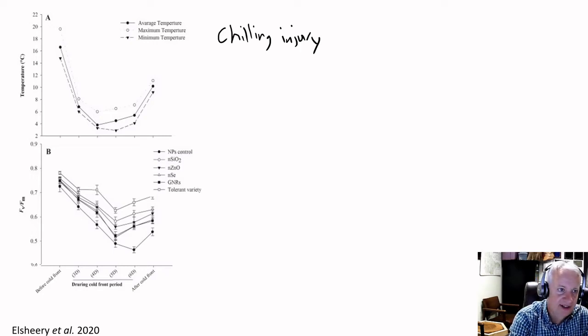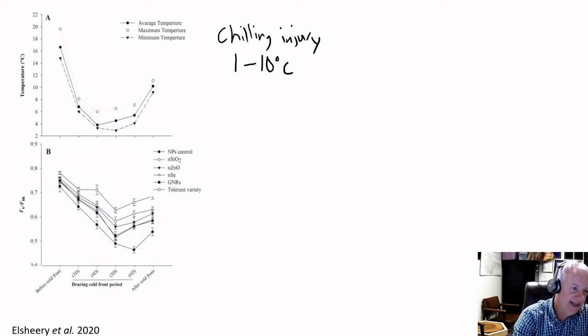These effects occur under cool but not freezing conditions. So maybe from 1 to 10 degrees Celsius, we see these kinds of effects. So these graphs show the effects of chilling injury on sugarcane. These are actually different varieties of sugarcane.